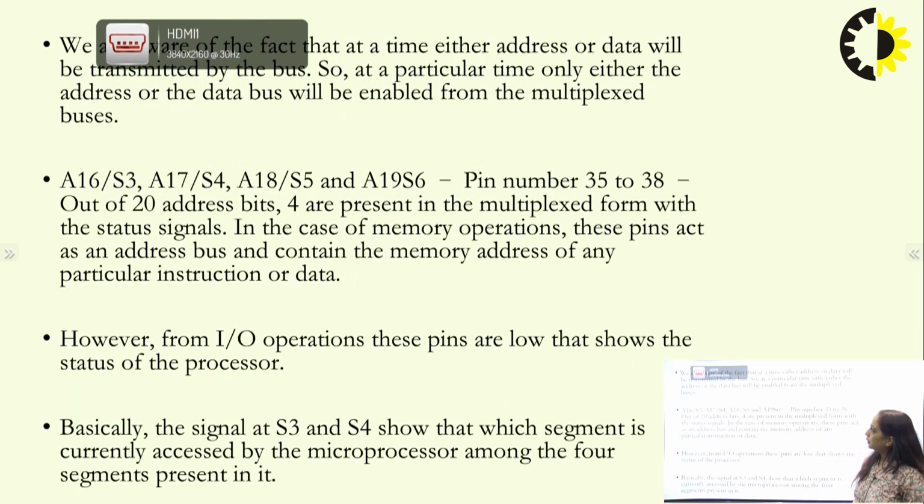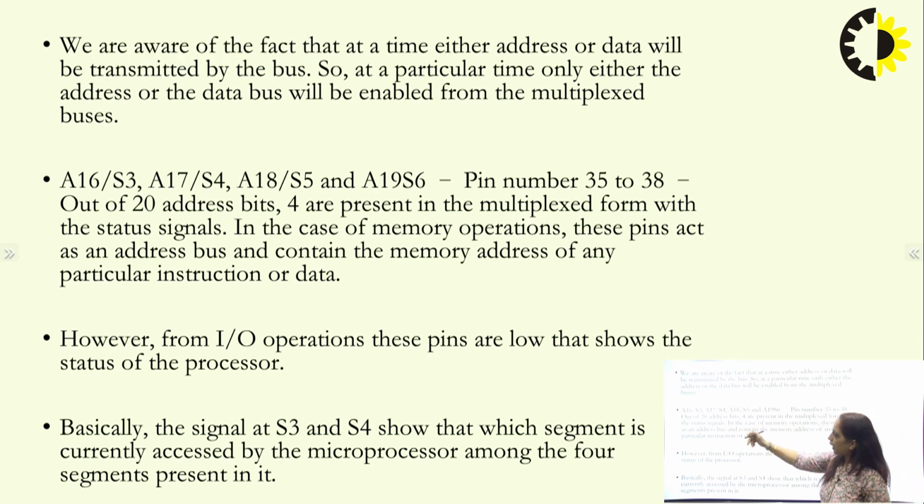Then we have A16, A17, A18 and A19, the rest 4 address lines which are multiplexed with S3, S4, S5 and S6, right? So these are connected to pin number 35 to 38.